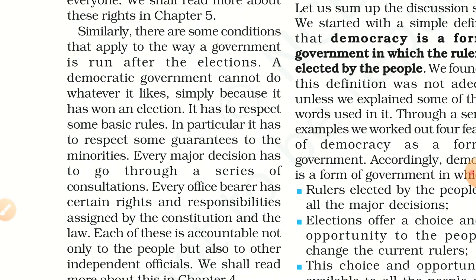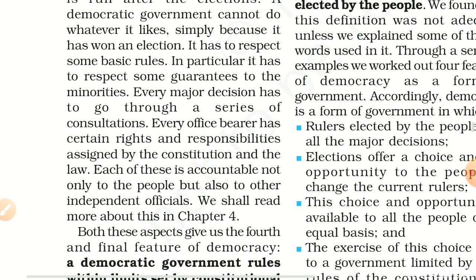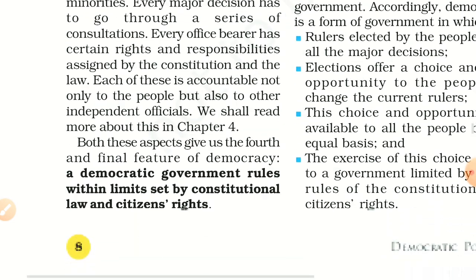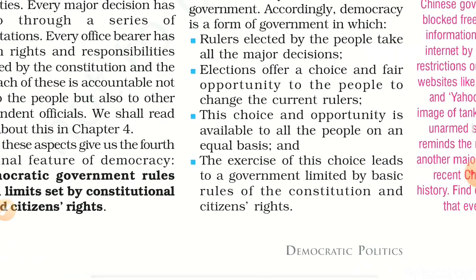Every major decision has to go through a series of consultations. Every office bearer has certain rights and responsibilities assigned by the constitution and the law. So this aspect gives us the fourth and final feature of democracy. A democratic government rules within limits set by constitutional law and citizens' rights. This is the fourth feature of democracy.